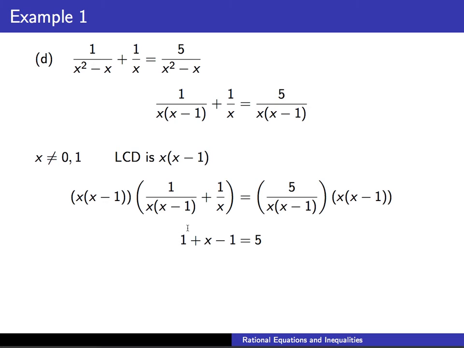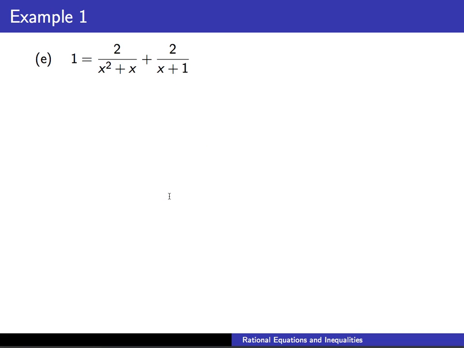So we'll have 1 plus just the x minus 1, because this x and this x will cancel each other out. Over on the right-hand side, 5 over x times x minus 1, when we multiply that by x times x minus 1, the x times x minus 1s are going to cancel out, leaving us with just a 5. So combining our like terms on the left, we just get x equals 5, and that's okay because it's not 0 and it's not 1.